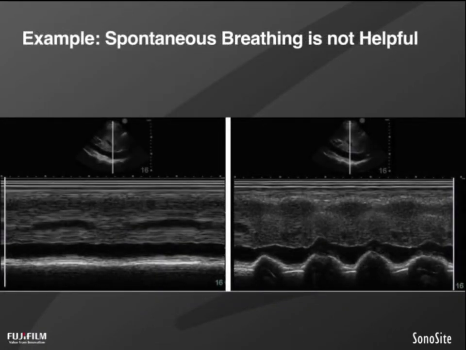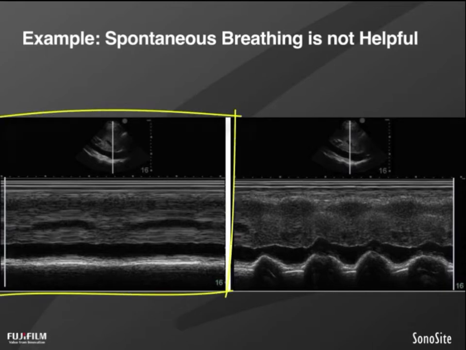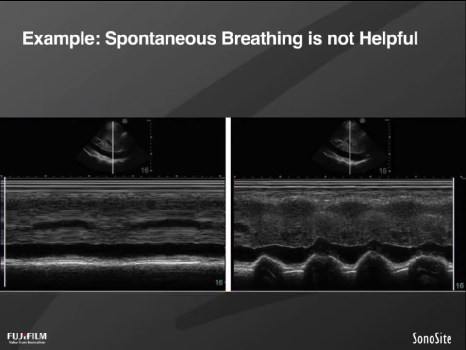Now, as I alluded to before, the same patient with the same volume status, applying different breathing mechanics, will show very different respiratory patterns. Now, this is actually my IVC, and I'm moments apart. And as you can see on the left, the IVC is relatively static as I took shallow breaths.